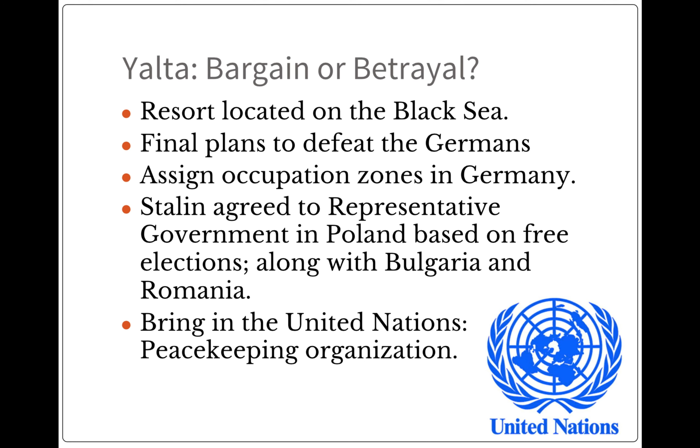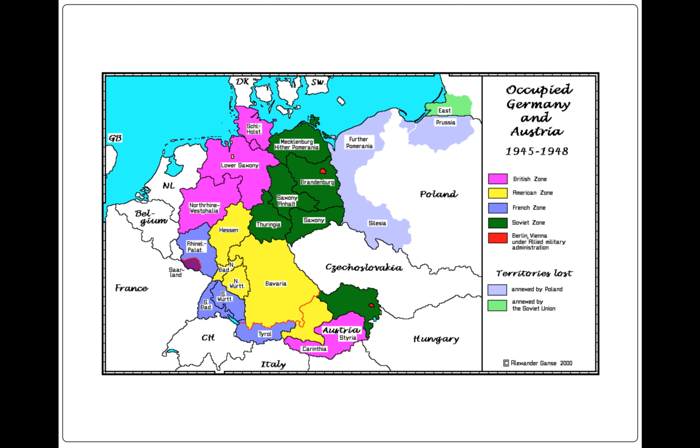And then the Organization of the United Nations was going to basically be the peacekeepers. And you can see occupied German and Austrian areas and which countries were occupying which areas. So the British zone would have been this fuchsia color, and if you go down to America, we are the yellow color.